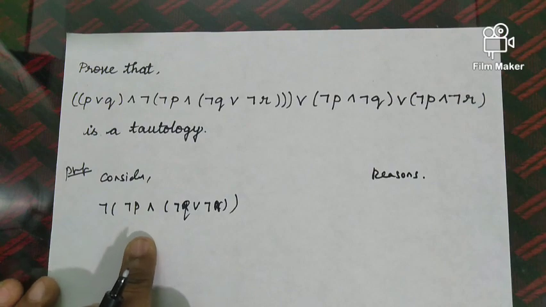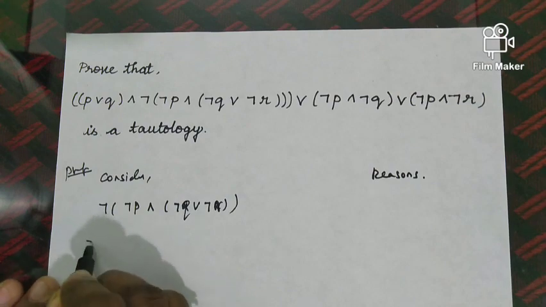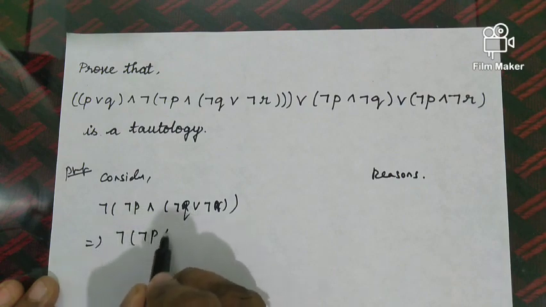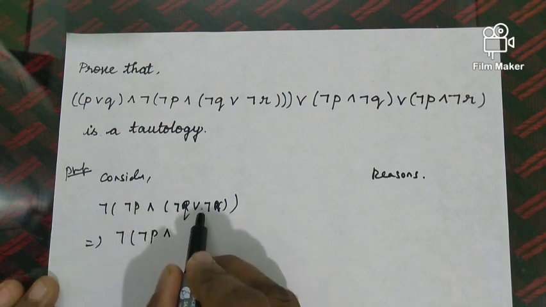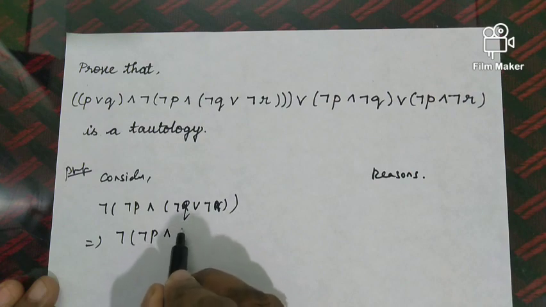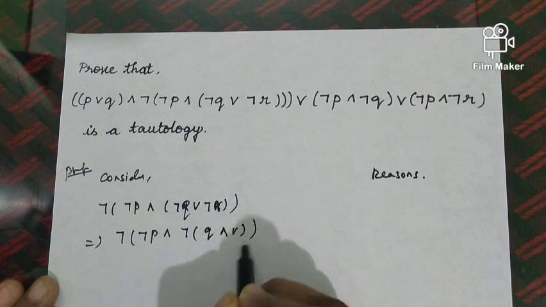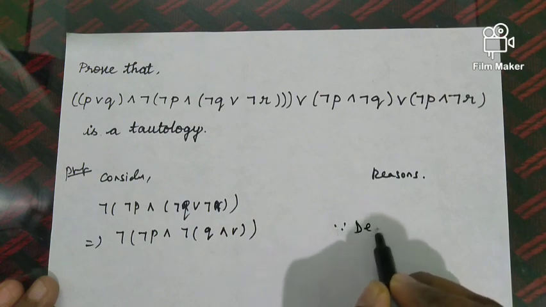So what will happen when we apply De Morgan's law? Taking the negation outside, it becomes negation of (Q and R), since De Morgan's law.